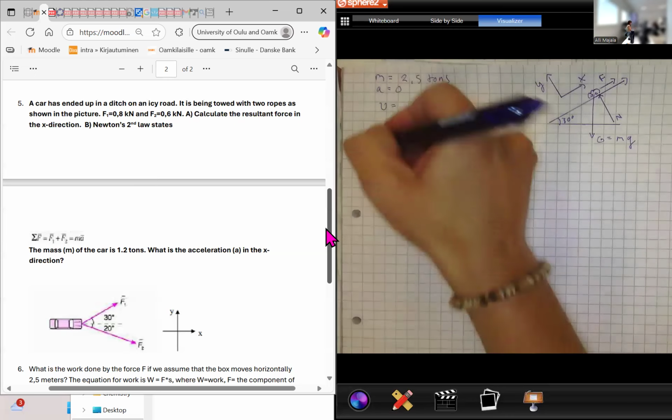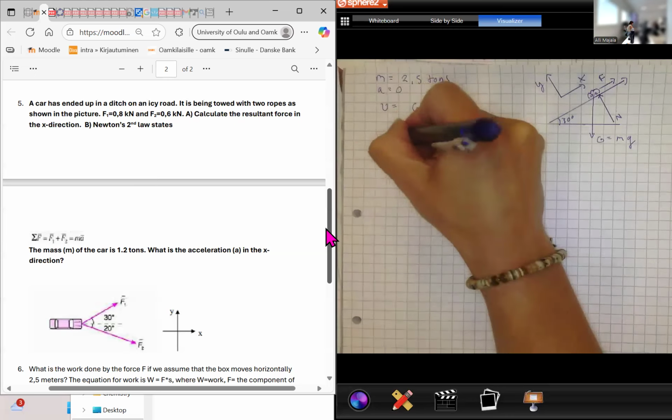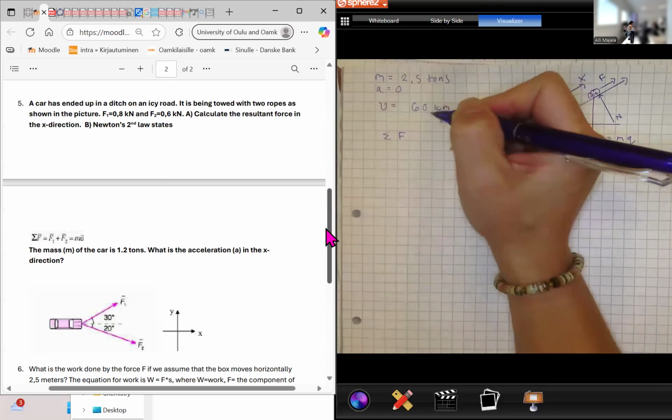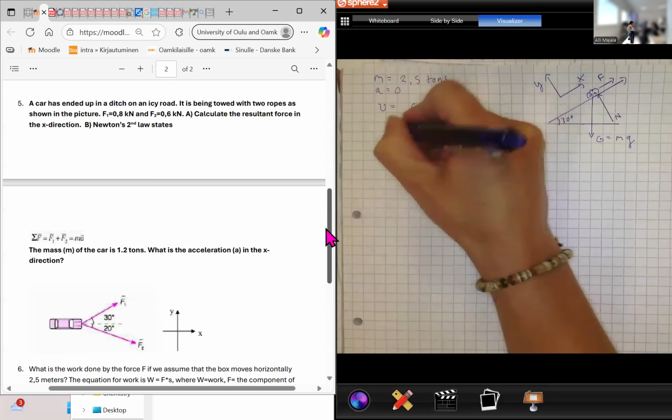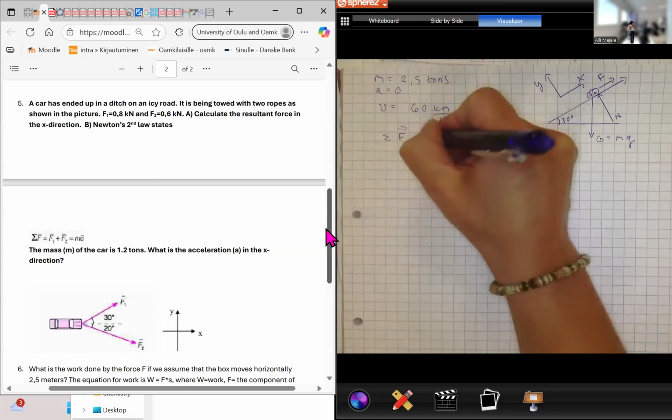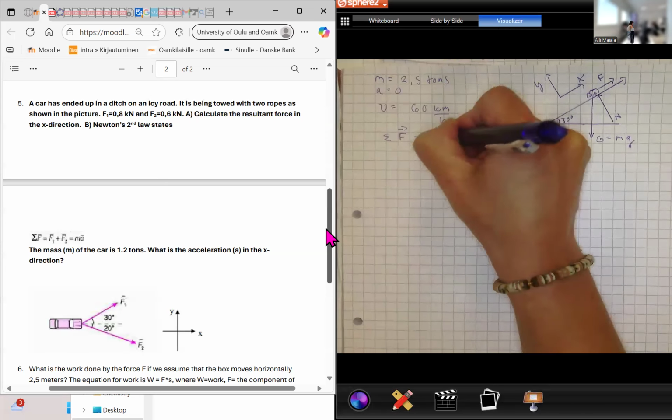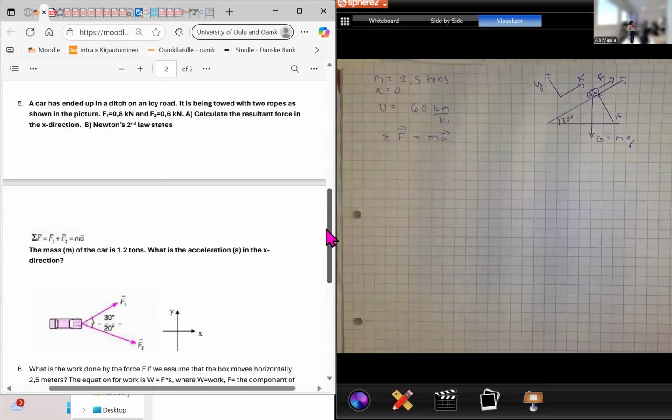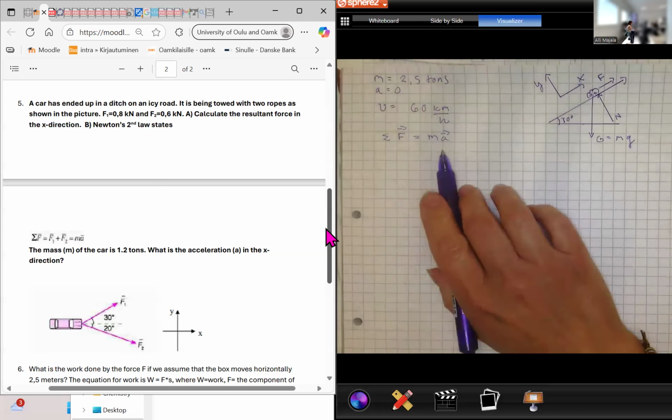Because then you would know that all the forces together in one direction are mass multiplied with acceleration in the same direction.